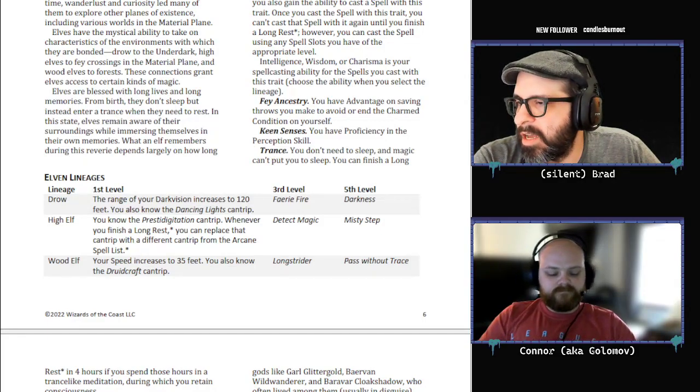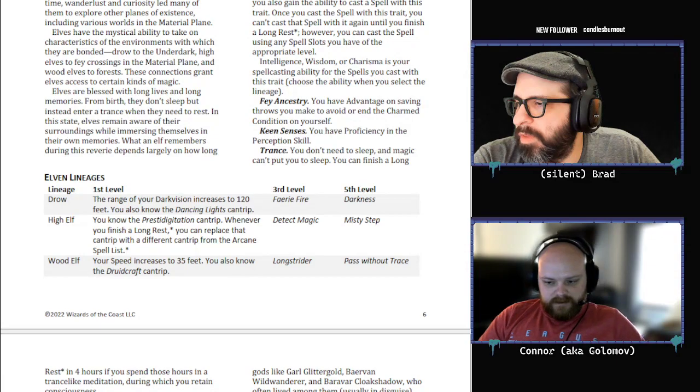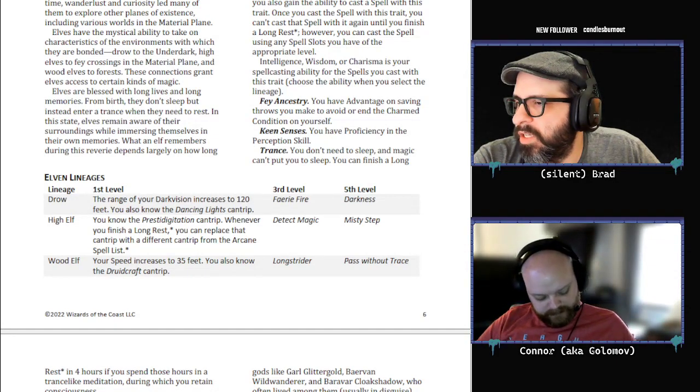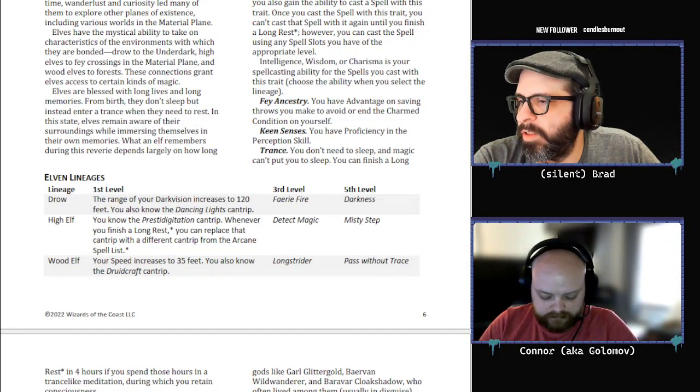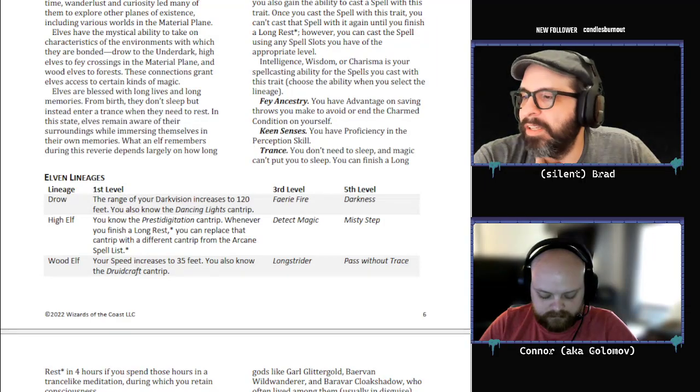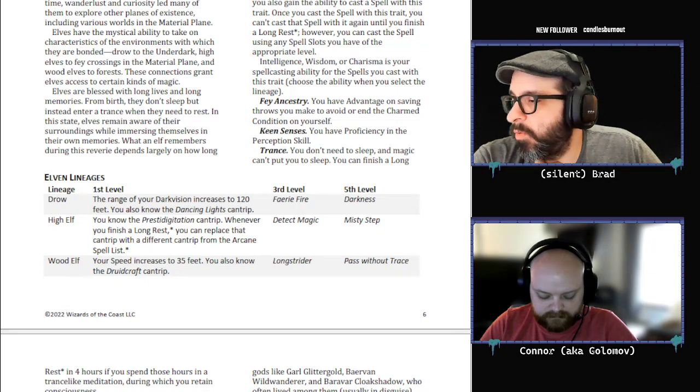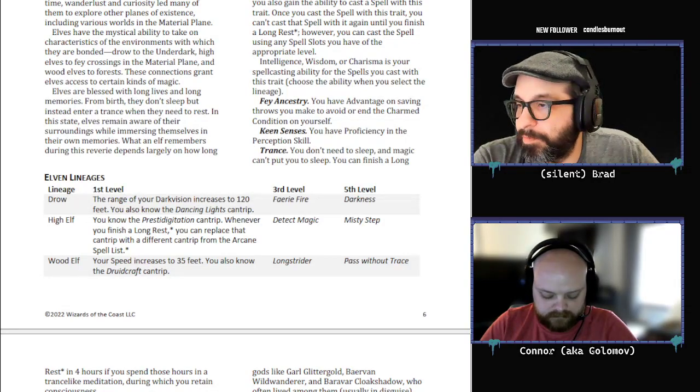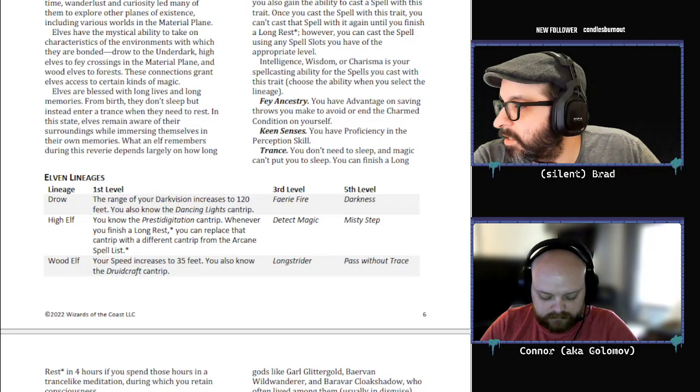They didn't have any of that. And when you finish a long rest, you can replace the cantrip with a different one from the arcane spell list. So that's new. They got rid of one cantrip of your choice from the wizard spell list. They got rid of elf weapon training and the extra language. That's interesting.